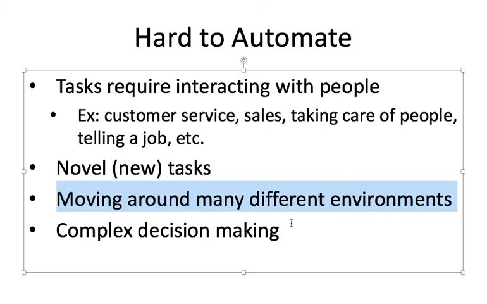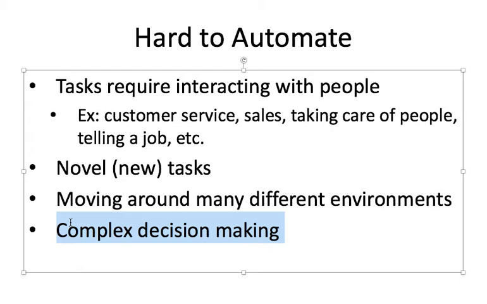And finally, anything that requires very complex decision making, where you have to weigh a lot of different things. These two tend to pair together a lot. Part of the reason complex decision making is complex is because a lot of times it involves new or novel things.